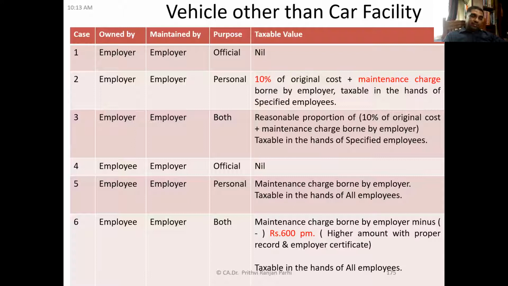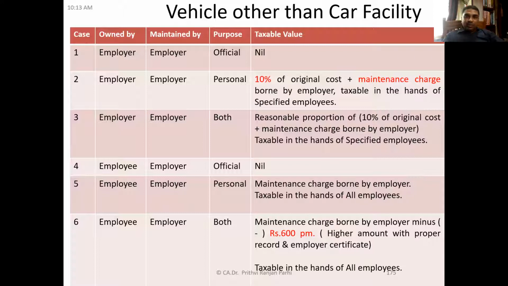Situation 6. Employee's vehicle, employer is maintaining for both. Then maintenance charges borne by employer minus 600 rupees per month. A higher amount can be deducted with proper records and certificates. And it is also taxable for all employees.